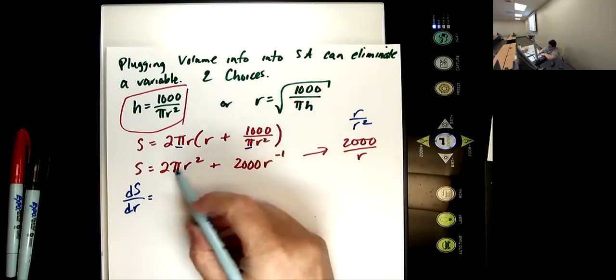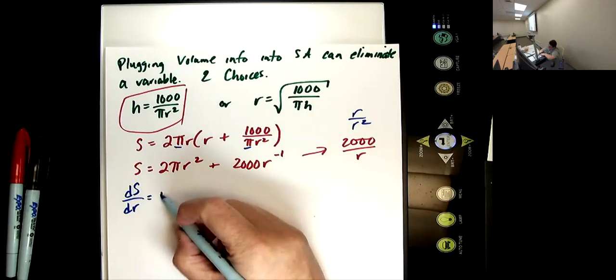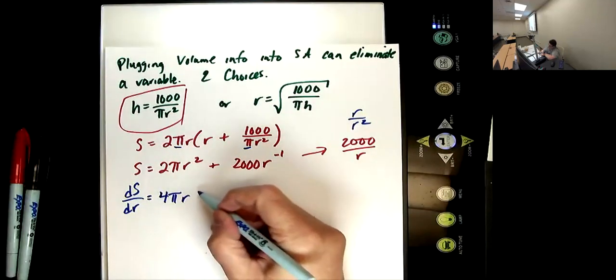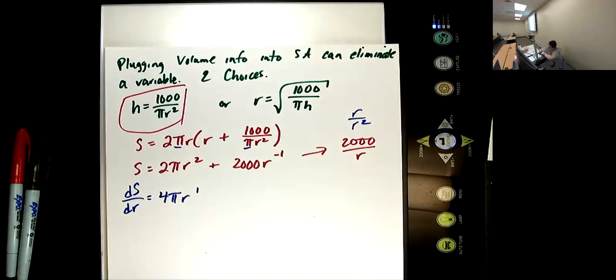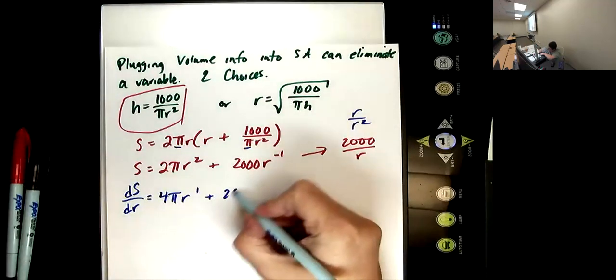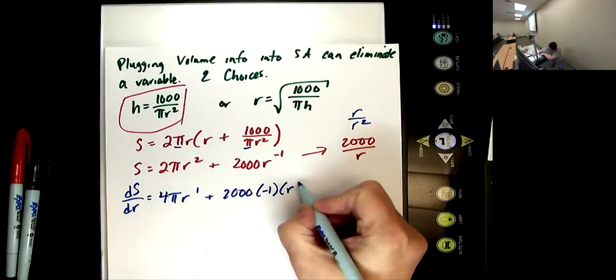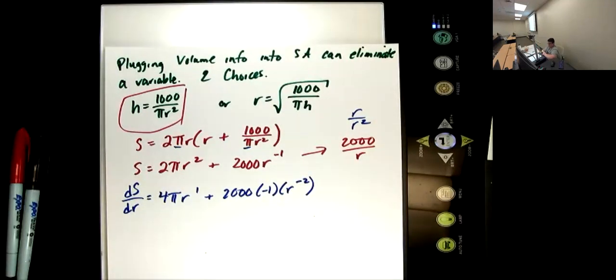So I bring the power down. 2 pi times 2 is 4 pi. Lower the power by 1. Here I will bring the power down and lower the power by 1. Make sure when you have a negative exponent that you're actually going the right way. It's not towards 0, it's down.